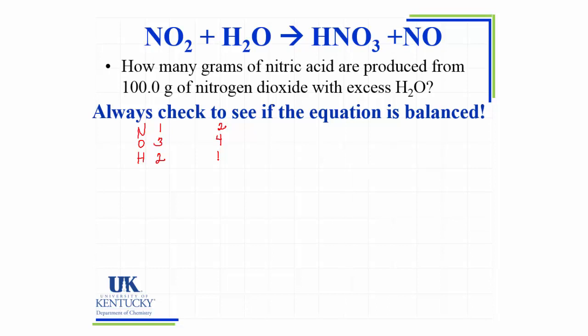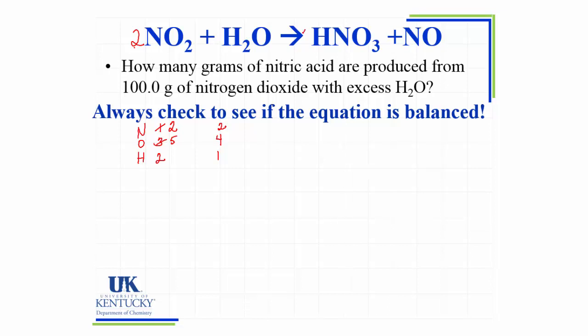I'm going to start with my nitrogen, and I'm going to put a 2 in front of the NO2, so that changes my nitrogens to 2. And it also changes my oxygens to now a total of 5 oxygens because I have 2 times 2 is 4 plus 1 is 5. And I see that it doesn't have any effect on the hydrogens. Now I'm going to again skip over the oxygens because it's present in every substance, and I'm going to balance my hydrogens.